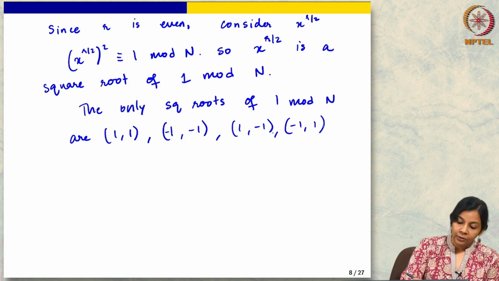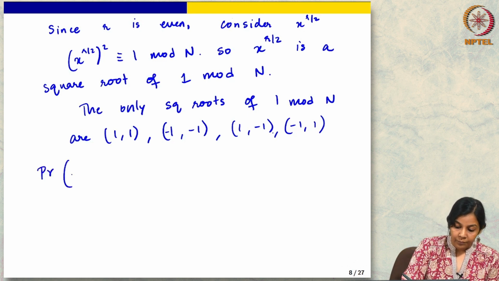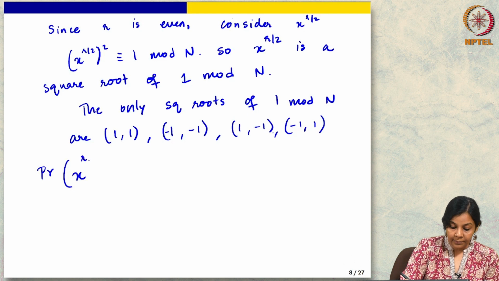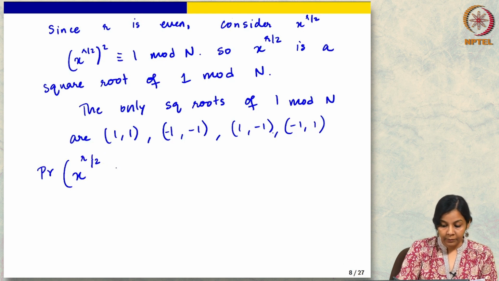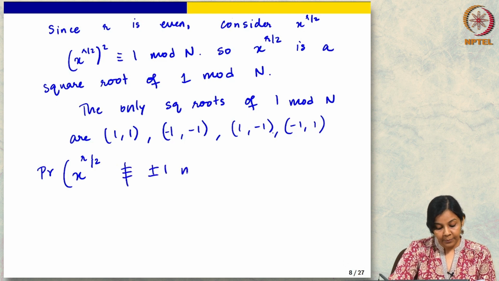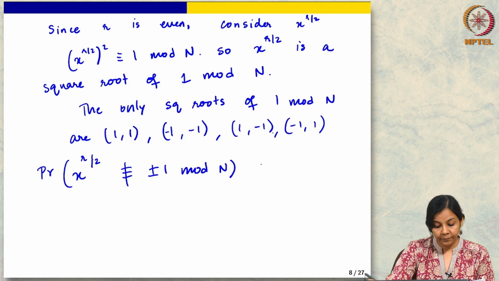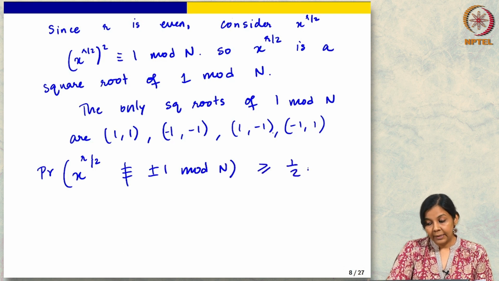So, the probability that x to the r by 2 is not congruent to plus minus 1 mod n is at least a half.